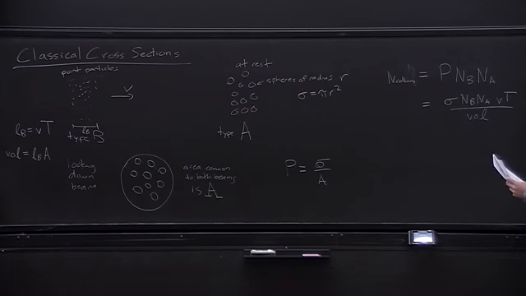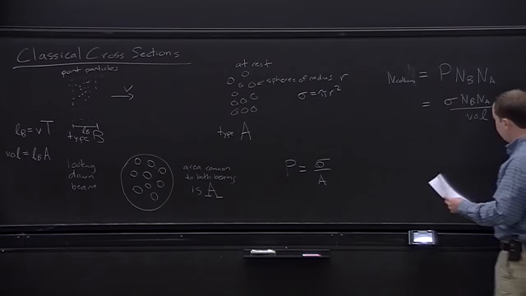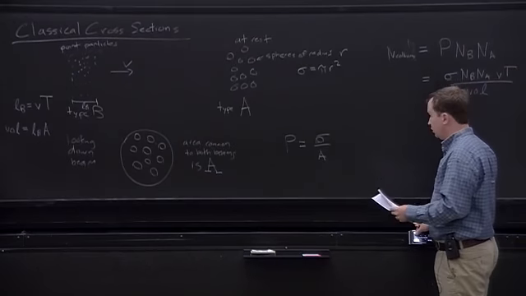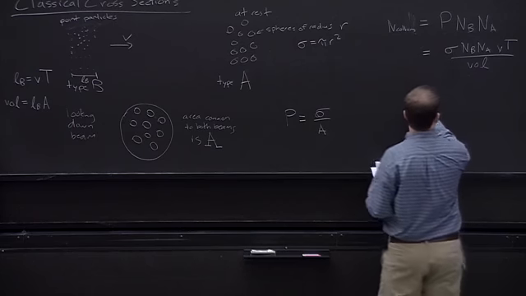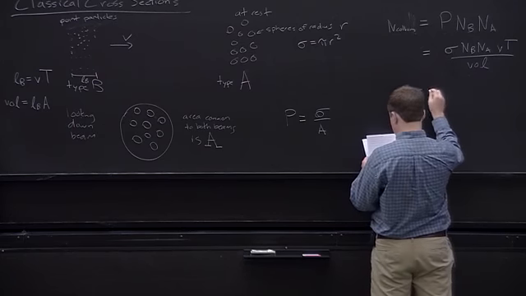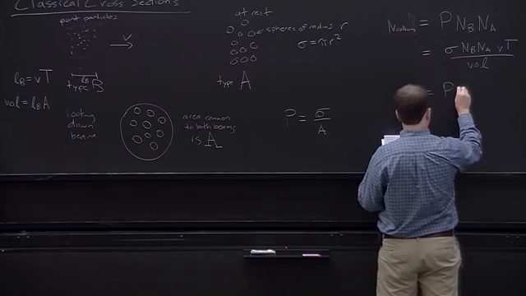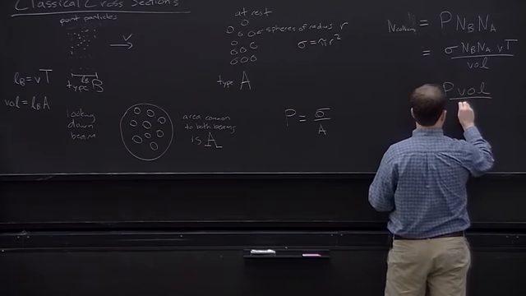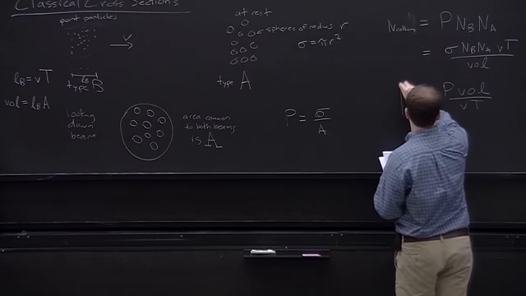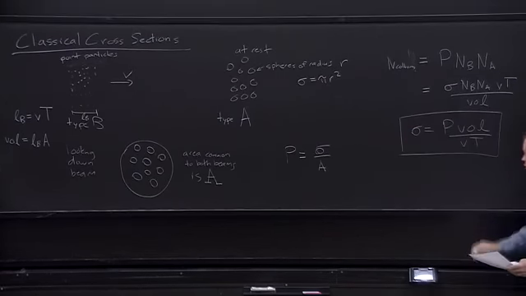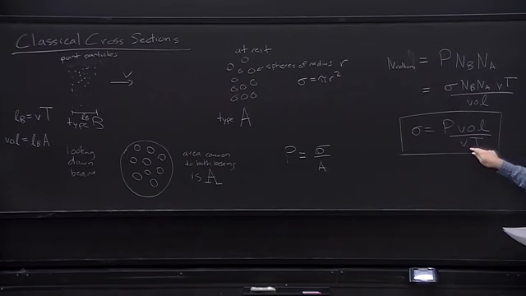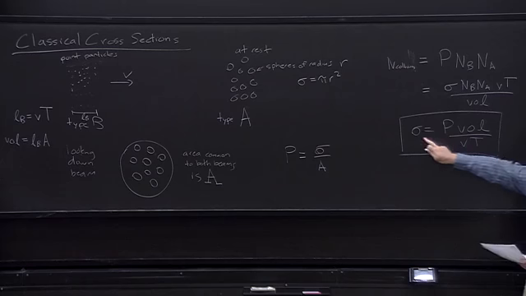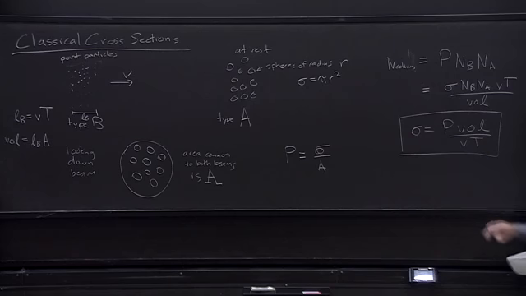So we see that sigma is equal to P times the volume over Vt. And we'll just take this as a definition. So we derive this in classical physics, and we'll take this as the definition of the cross-section in quantum physics.